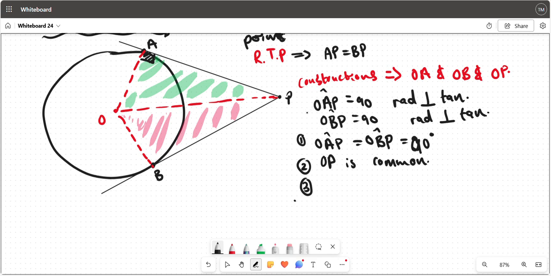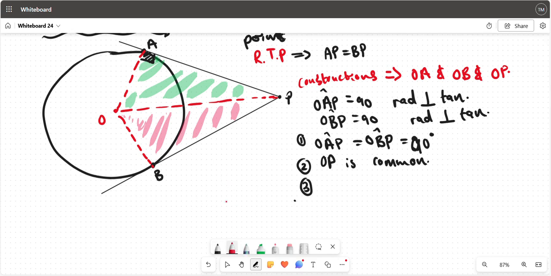You noticing something? You should be shouting and letting me know that actually OA and OB are also the same. OA is the same as OB. And why? Because they're both radii. That's your reason for that.